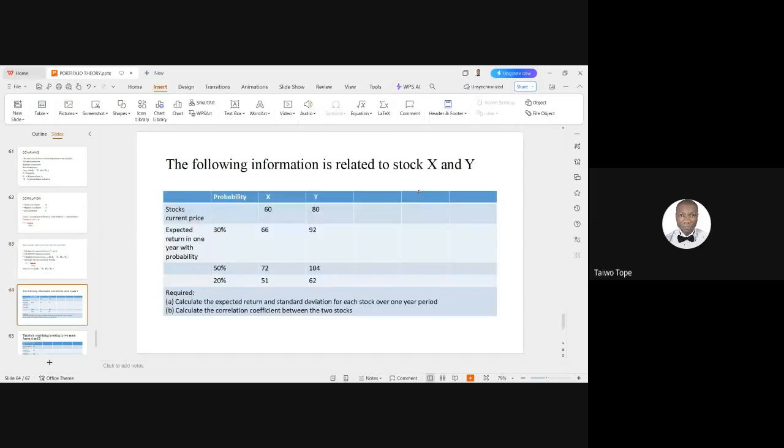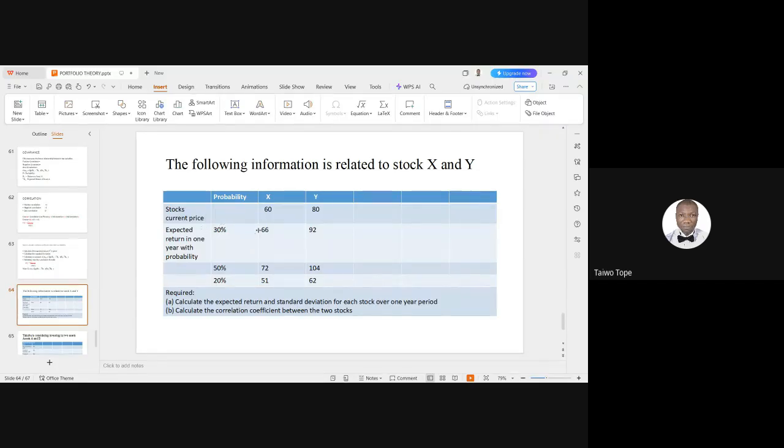All right. Stock X. We have stock current prices, expected return in 1 year with probability. We have the probability 30%, 50%, 20%. These are stock current prices.